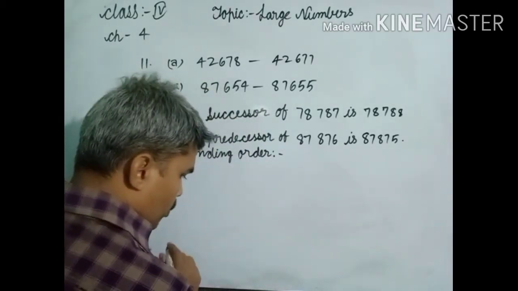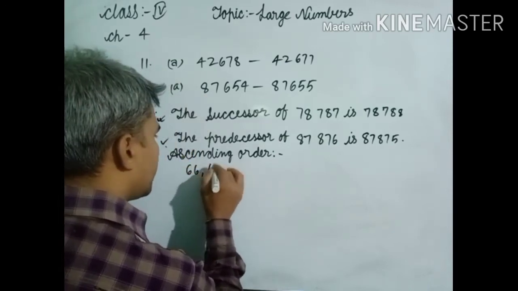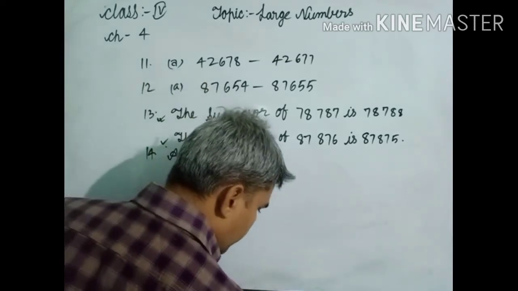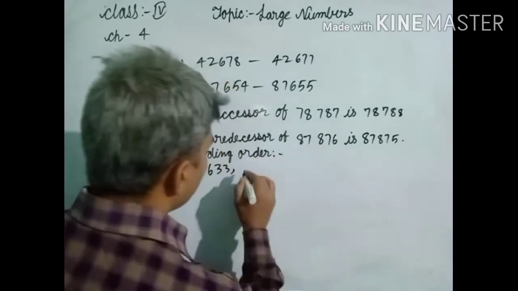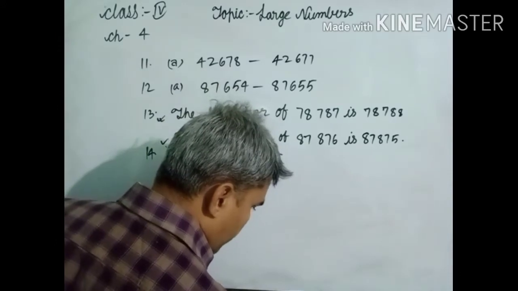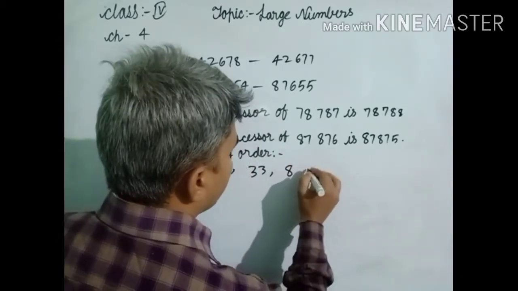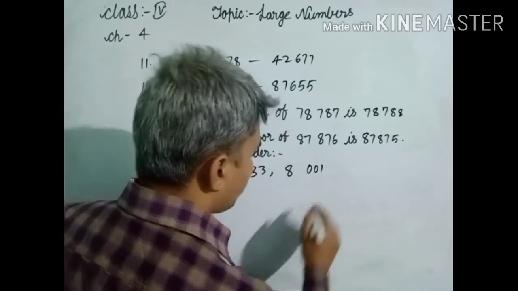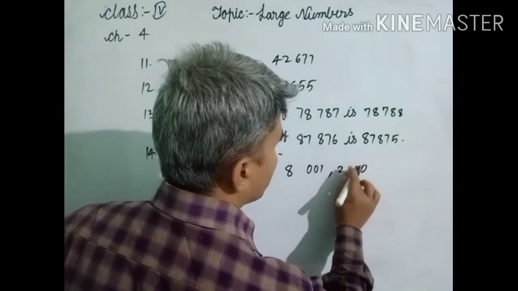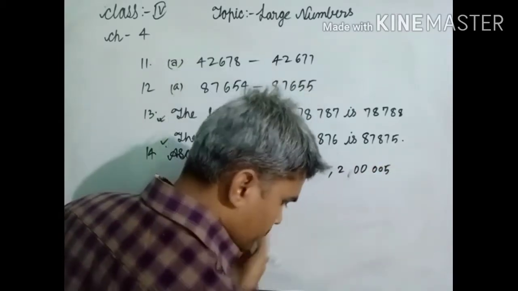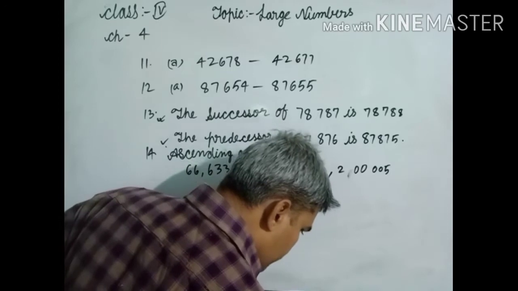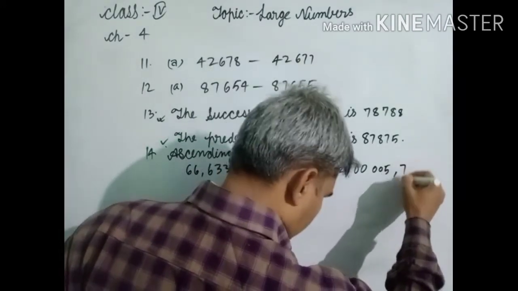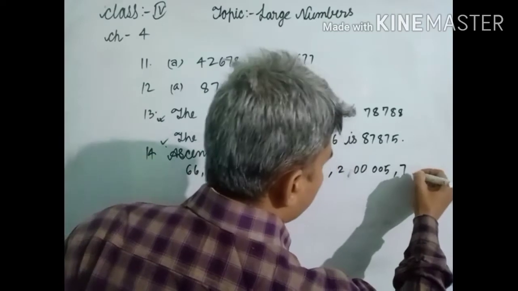Your numbers are 66,633, 8,001, 2 lakh 5, 7, 33 and 89.